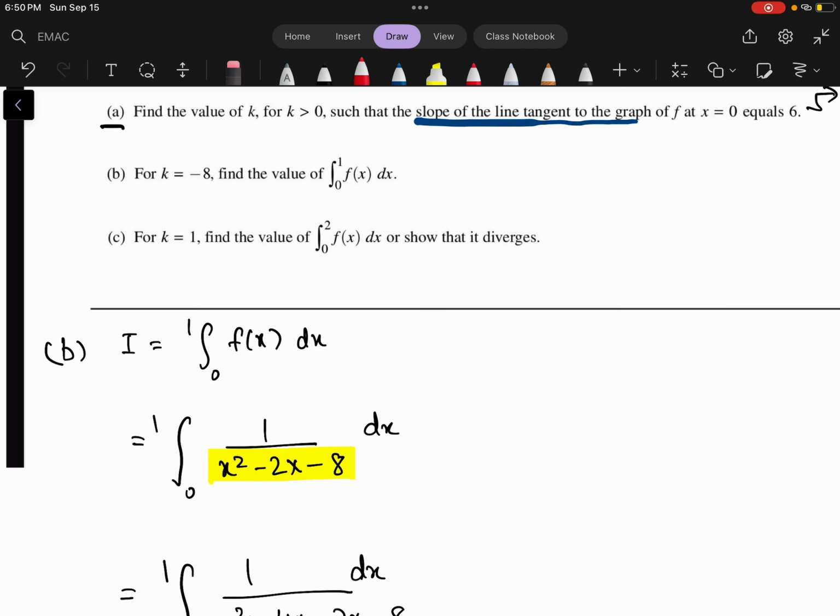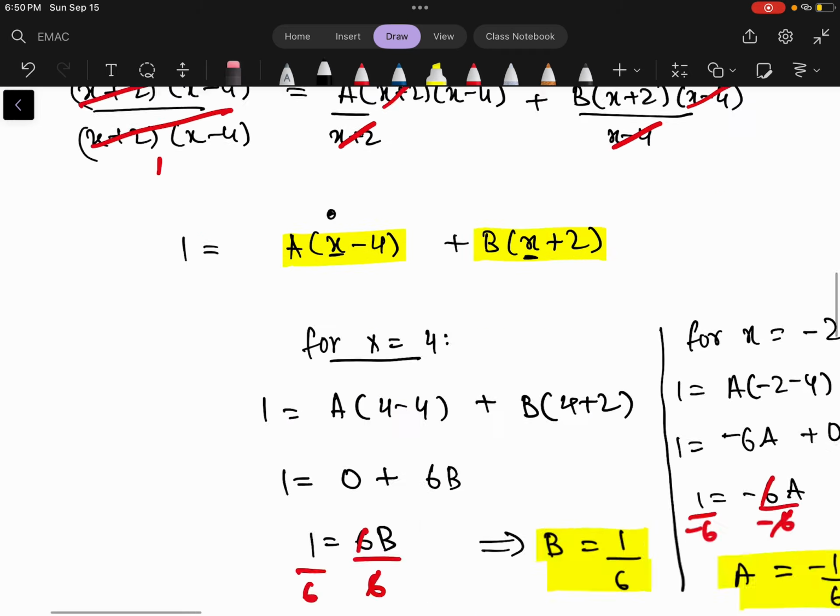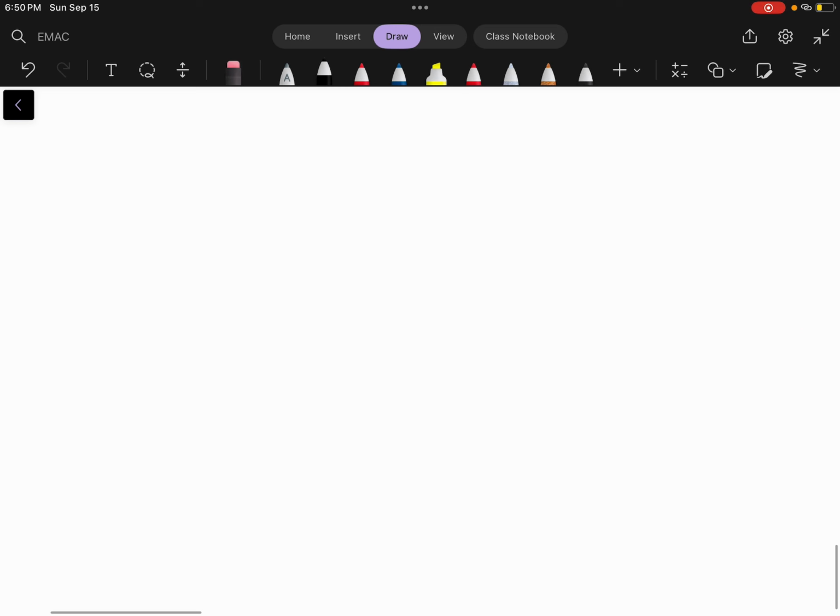Okay, so third question here. Let's just put the answer here. For k is equal to 1, find the value of the integral of f of x evaluated from 0 to 2, or show that it diverges. Okay, so we have a possibility that it might diverge. Let's see. So the question, I'm going to rewrite it.